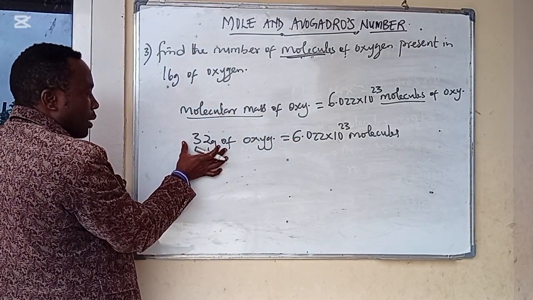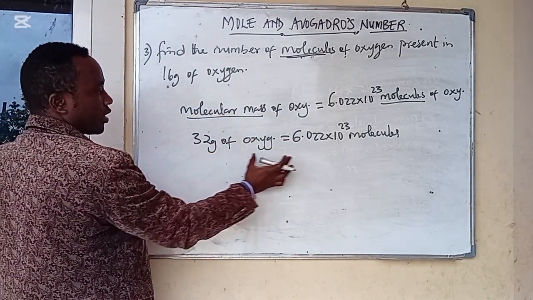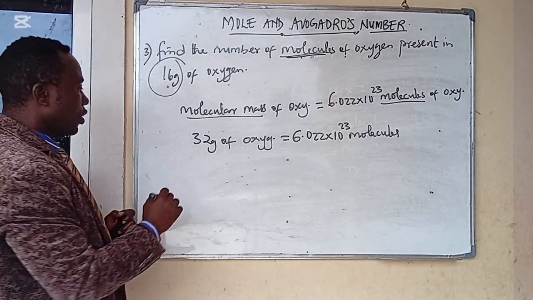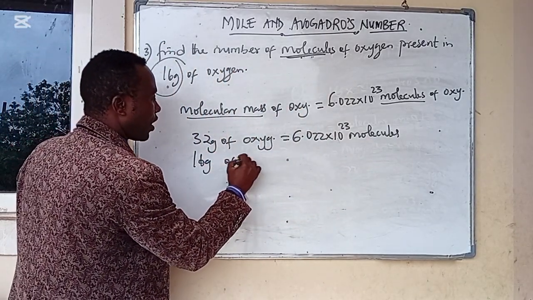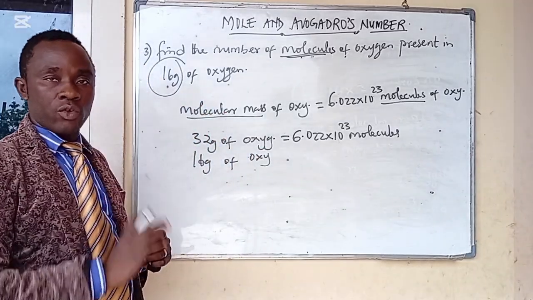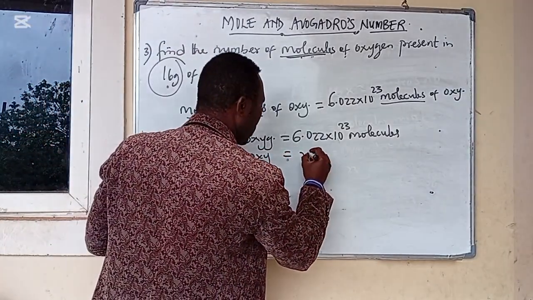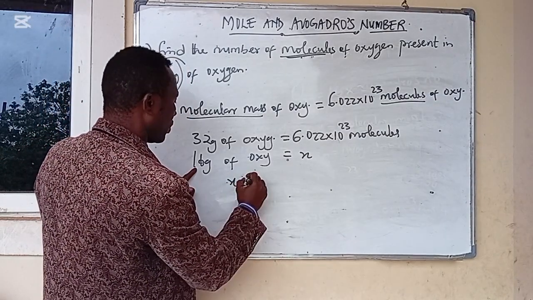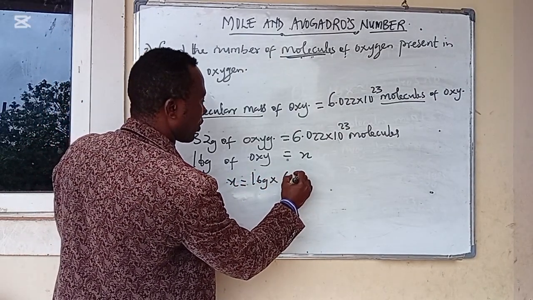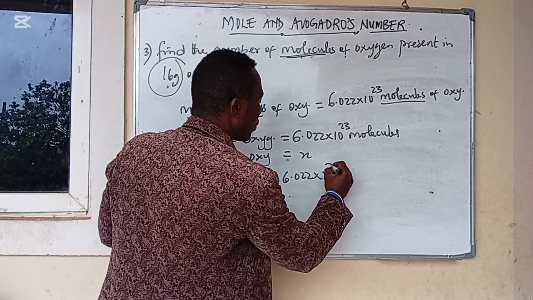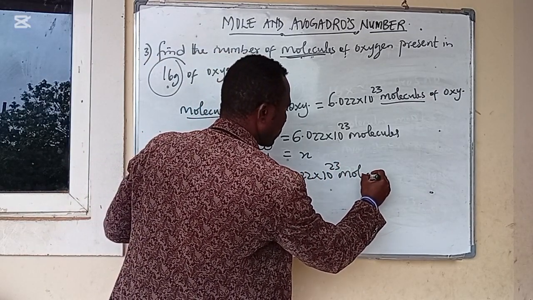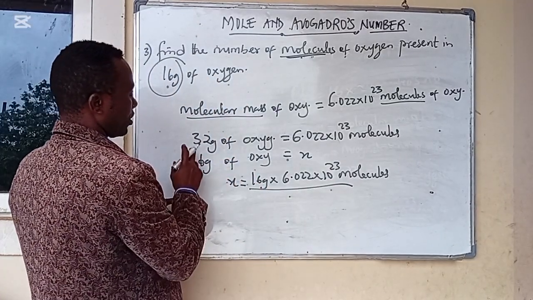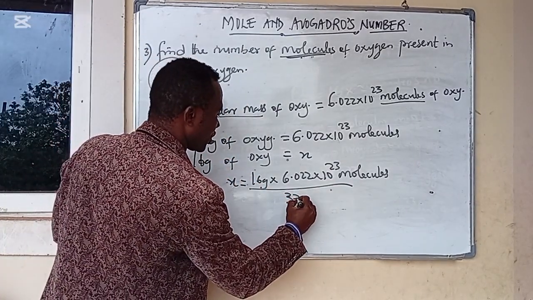So if the molecular mass, which is 32 gram, gives this number of molecules, then the mass they gave you in the equation, which is 16 gram of oxygen, what will it give you? So you don't know, so you take it to be x. So what it means is that x becomes equals to 16 gram multiplied by 6.022 times 10 raised to power 23 molecules, divided by 32 gram.